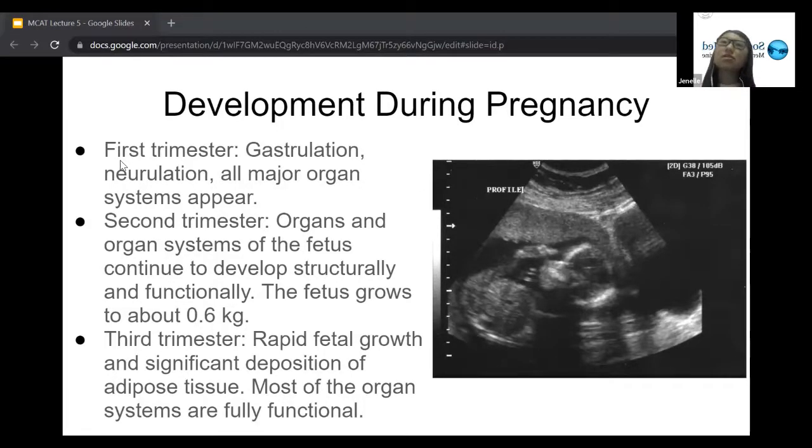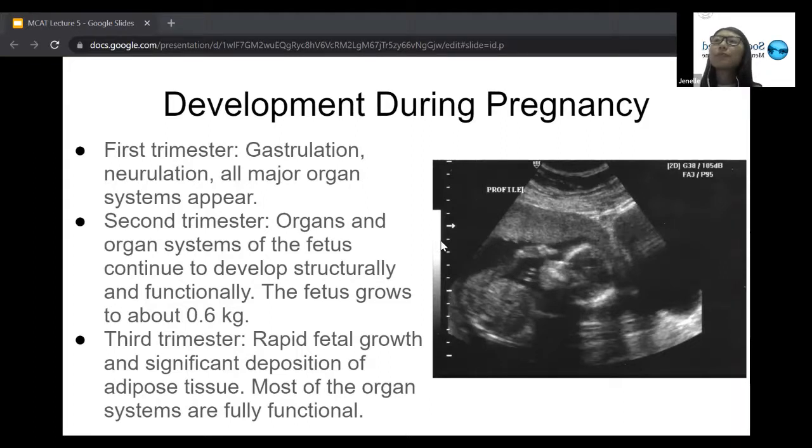During the first trimester, that's when gastrulation, neurulation, and all major organ systems appear. In the second trimester, organs and organ systems of the fetus continue to develop structurally and functionally, and about this time the fetus is about 0.6 kilograms. In the third trimester there's rapid fetal growth and significant deposition of adipose tissue, and most of the organ systems are fully functional at this stage.